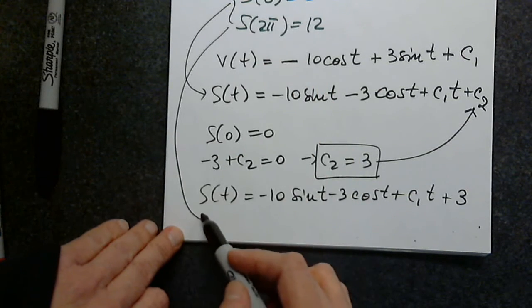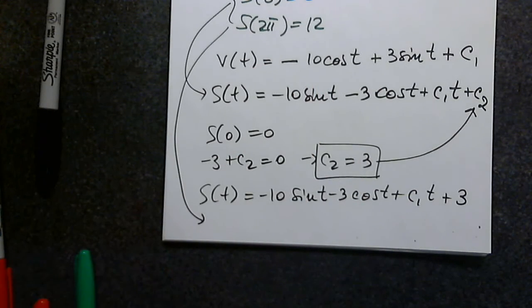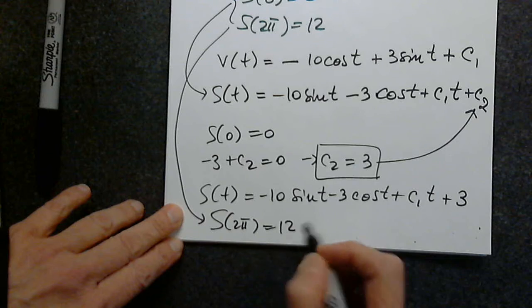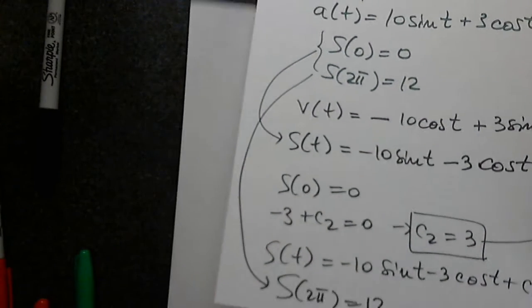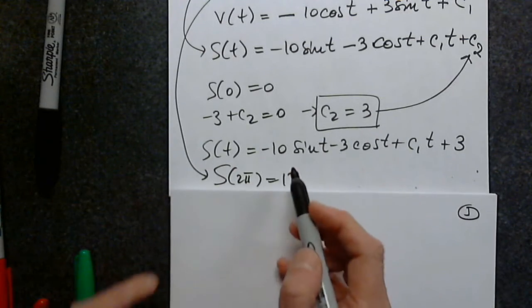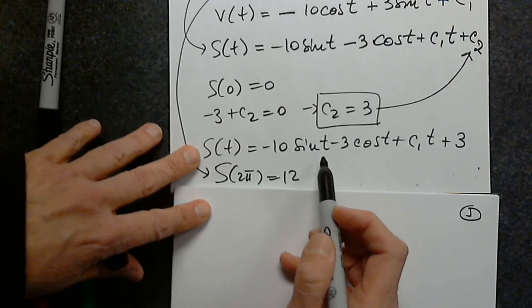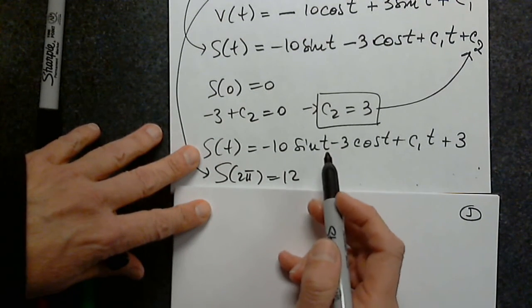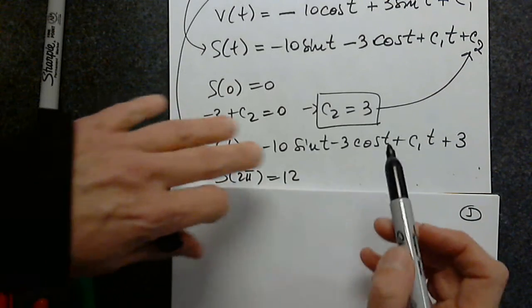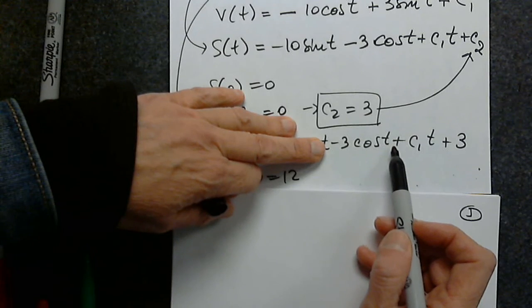Now I will use the second piece of information, in which I am told that S of 2 pi is 12. So negative 10 times sine 2 pi. Sine 2 pi is 0, but I have to plug in 2 pi. Yes, so this is 0. How much is cosine 2 pi? 1.